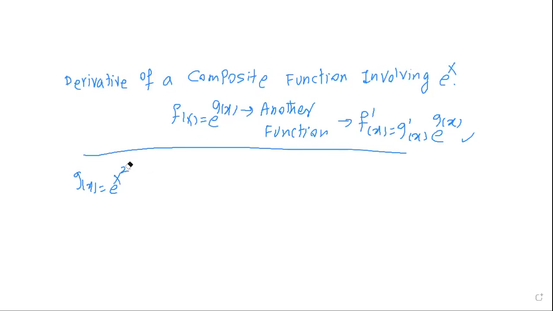What is g prime of x? g prime of x is, what is this power? 2x minus 1. Listen, 2x minus 1 times e to the power x squared minus x. Listen, this one.